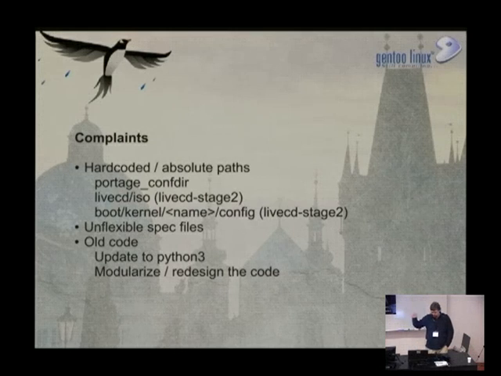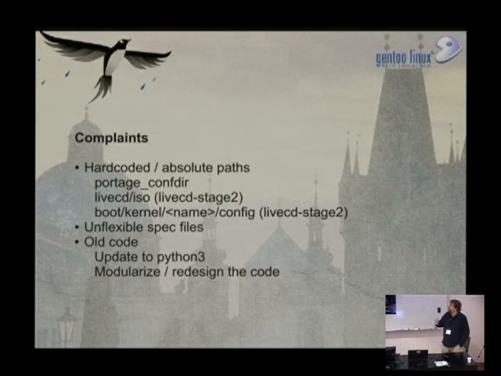A few examples of things that are currently causing issues with it are the portage_confdir variable, which is something you set in a spec when you want to specify a portage configuration directory.